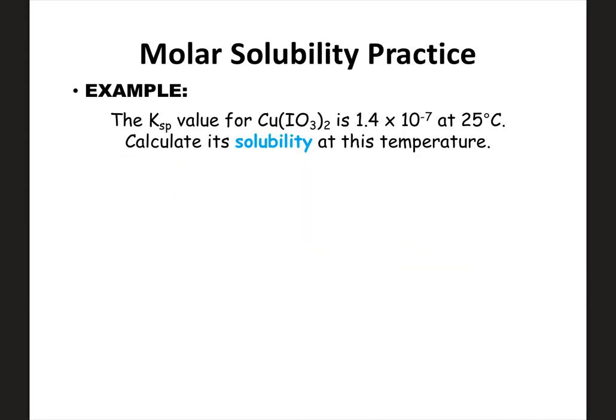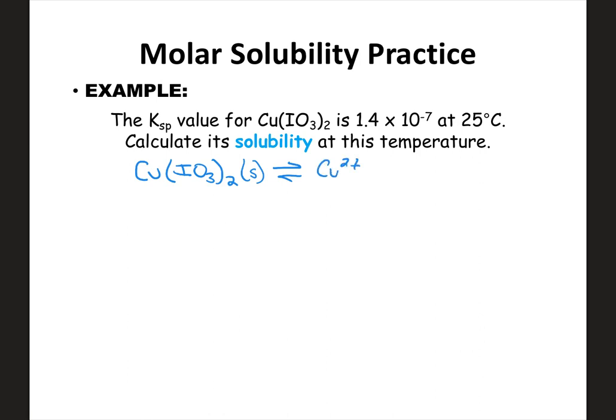So in this problem, it's telling us the KSP value for Cu(IO3)2, and they want us to find the solubility at this particular temperature. So the first thing we got to do is actually write our equilibrium reaction here. So we know that the solid compound here, the Cu(IO3)2, will be in equilibrium with each of its ions.